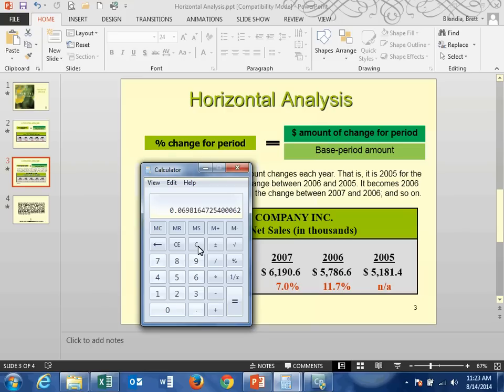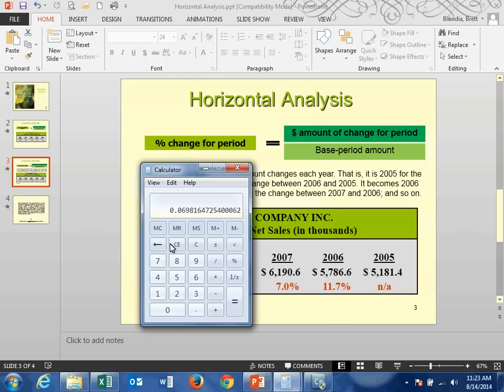To get the percentage change, I take that $404,000 and divide it by the base period amount. Because we're comparing 2006 and 2007, the base period amount is $5,786.6 million. When you round that, you'll find that your percentage change is 7%.